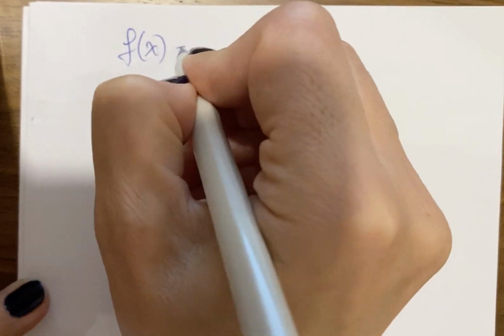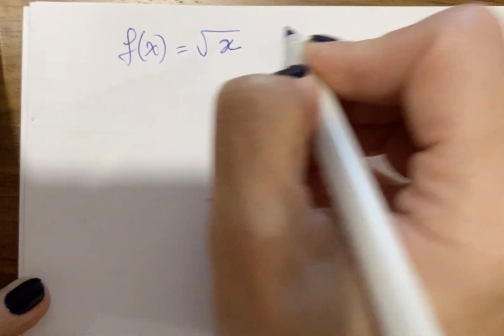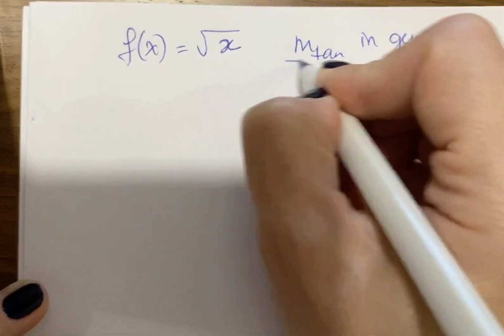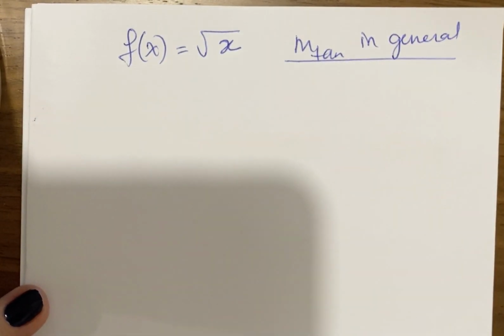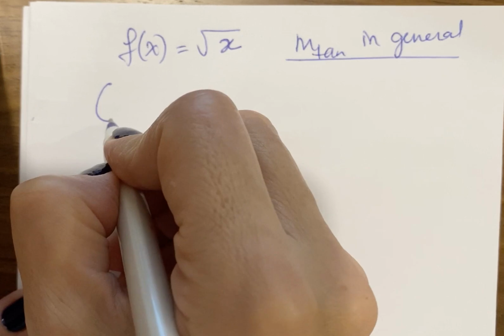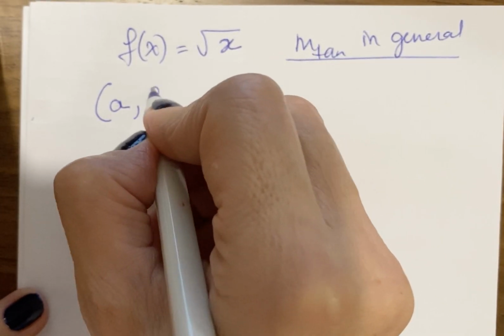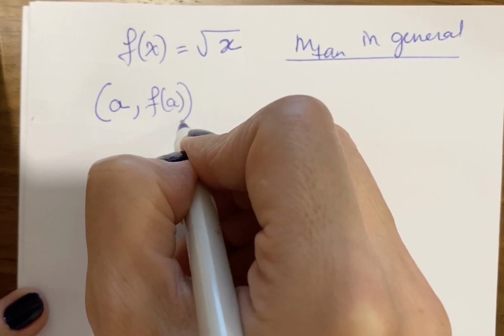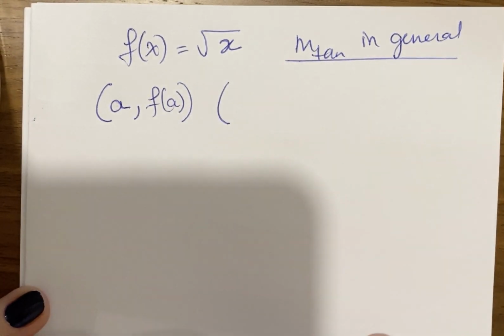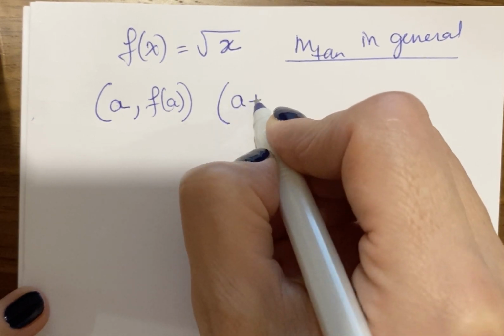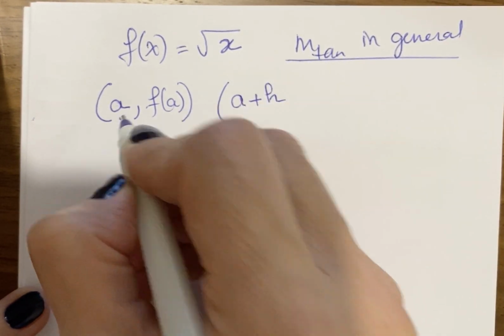Let f of x equal root x and find the slope of the tangent in general. How will we do that? We take a point whose x coordinate is called a. Then the y coordinate is f at a. Choose another point whose x coordinate is very close to this point.